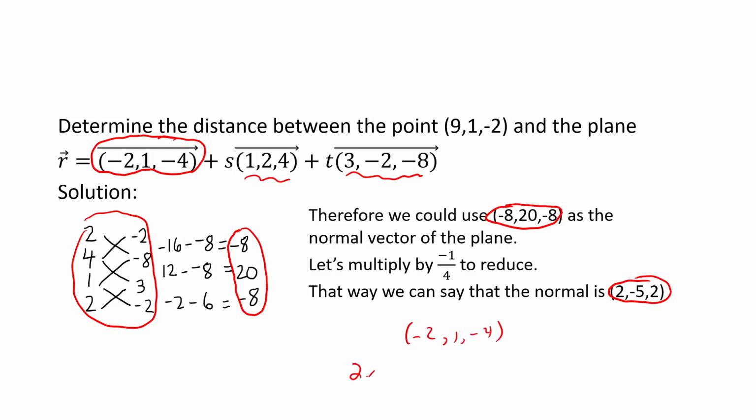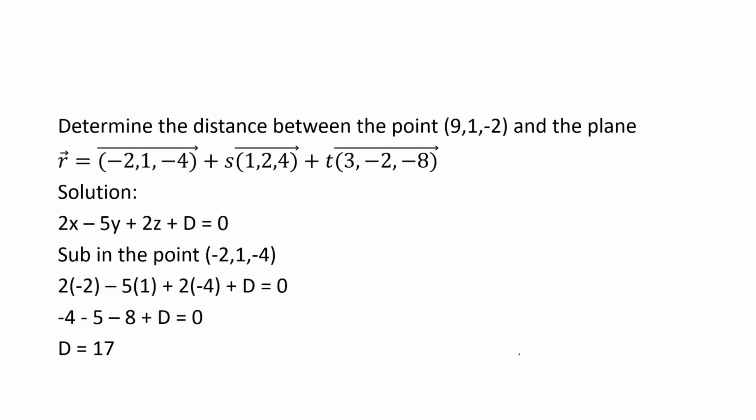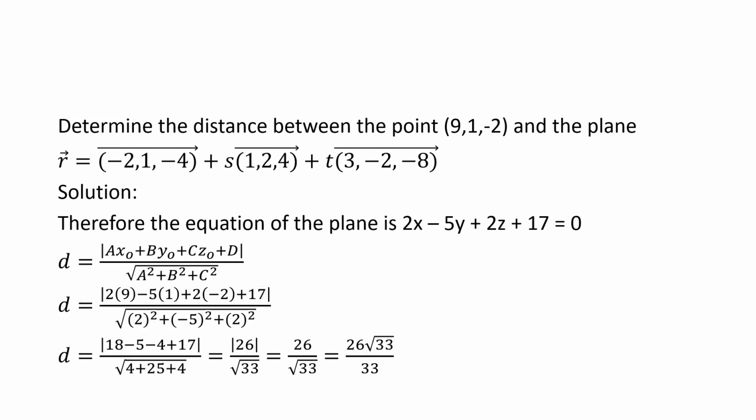So we're going to plug that point into the equation 2x - 5y + 2z + d = 0. And when we do that, we get ultimately -4 - 5 - 8 + d = 0. In other words, d equals 17. So now we know that the equation of the plane is 2x - 5y + 2z + 17 = 0.